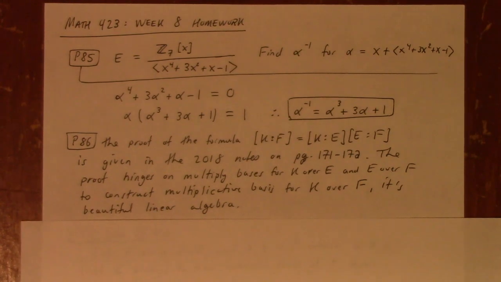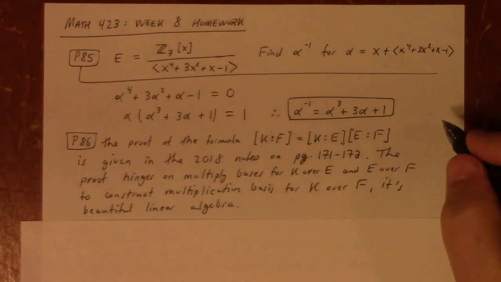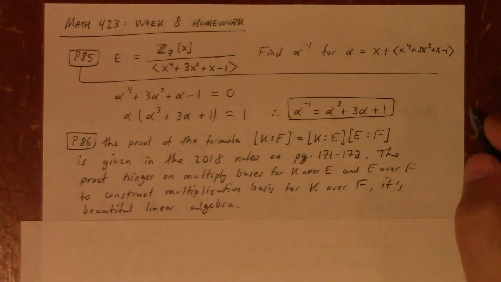So you're supposed to prove the formula that the degree of F over K is the degree of K over E times the degree of F over E, where E is an intermediate field. If we drew a picture, it could look something like this.